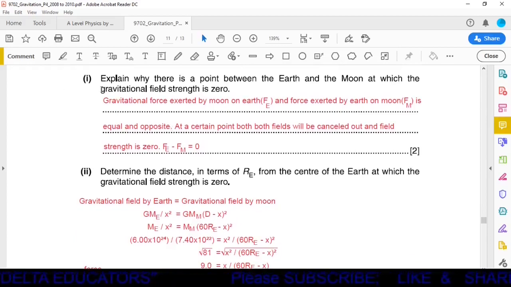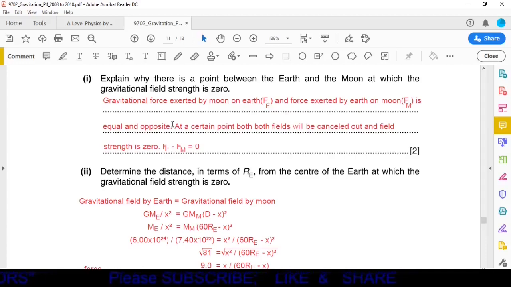Part 1. Explain why there is a point between the Earth and Moon at which the gravitational field strength is 0. Gravitational force exerted by Moon on Earth Fe and force exerted by Earth on Moon Fm are equal and opposite. This statement is in accordance with Newton's third law of motion.